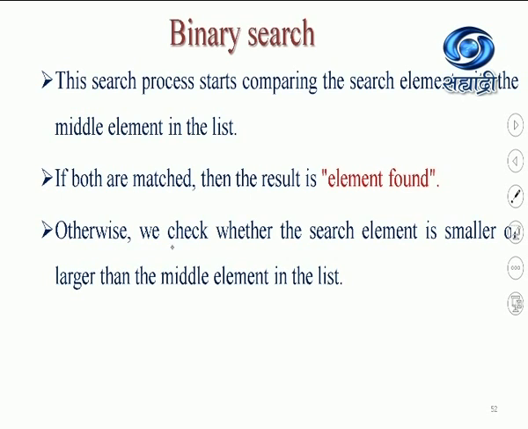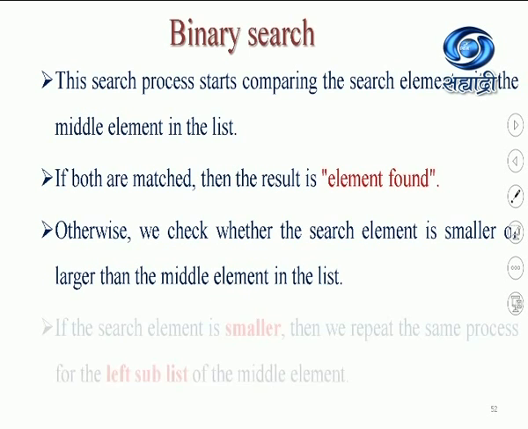In the next step, we check whether the search element is smaller or larger than the middle element, because you have to do this process, that is finding the middle element, and then change the lower bound and upper bound accordingly until you get that element. So for changing the lower bound or upper bound, you have to check whether the key element is smaller or larger than the middle element.